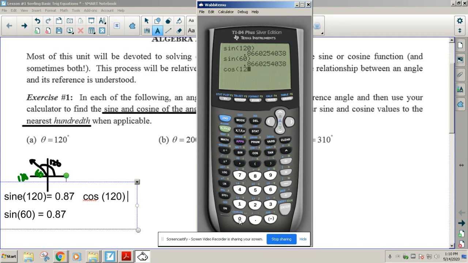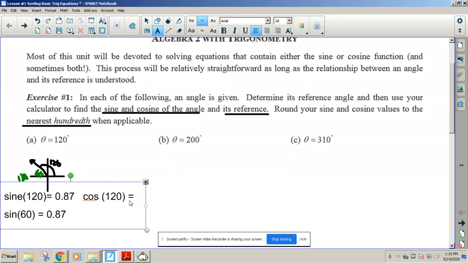Cosine of 120 degrees is negative 1/2. Now, if I type in the reference, the cosine of 60, I get positive 1/2. What's the difference? The difference is the location. I'm just going to type in these items that I don't have yet, and then we'll go over that.